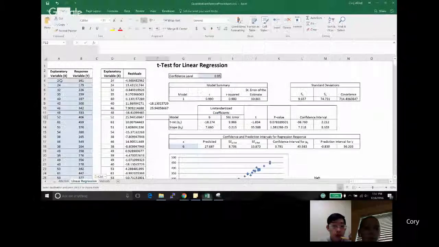So for the head length, the margin of error is, explanatory. What's the margin of error for? I had head length as explanatory, and the response is the body length.